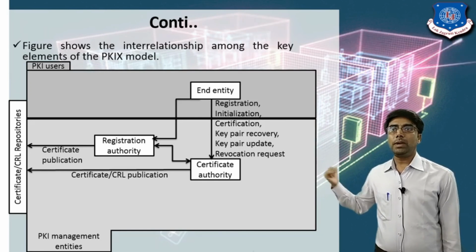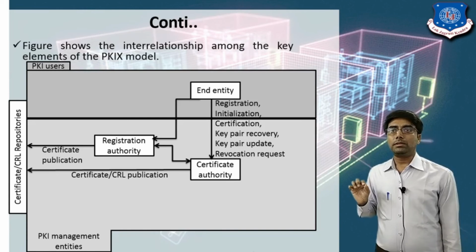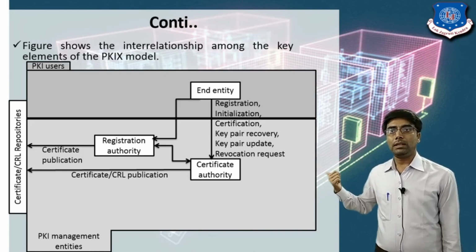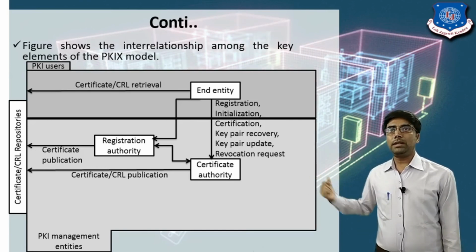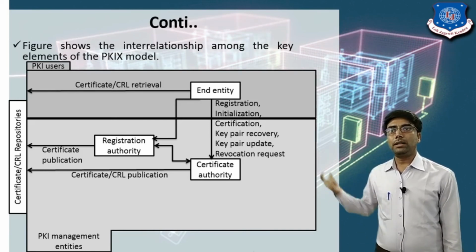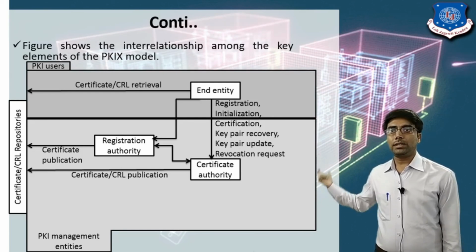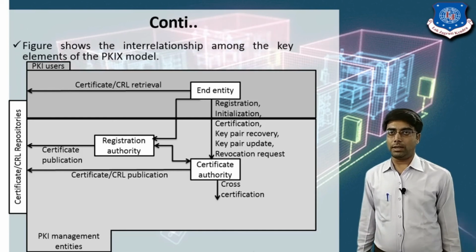Now for certificate publication, the certificate authority will also share all the certificates and the revocation list to the registration authority, and the registration authority will send all the details to the certificate or CRL repository. Now the certificate CRL retrieval means any end user can retrieve the certificate or CRL from the certificate or CRL repository.